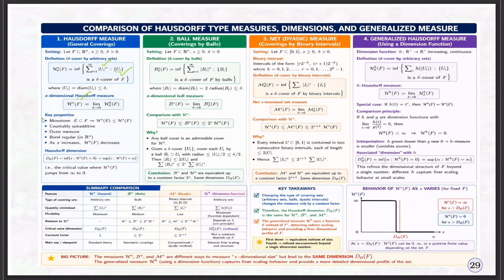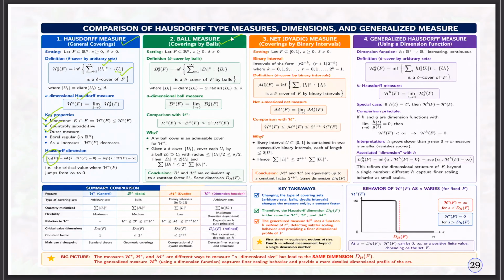It satisfies the monotone property, countable subadditivity, and outer measure property. That means if it is a Borel set, it will satisfy equality also, and it is Borel regular in R power n. As s increases, h^s of f is a decreasing function. Then there is a critical point where h^s of f jumps from infinity to 0. That point we call the Hausdorff dimension of f. This is for the general covering.